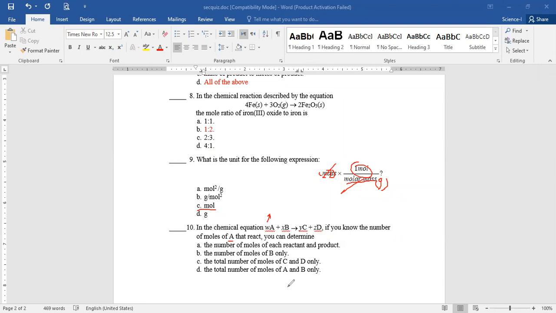What do you think, guys? A. The number of moles of each reactant and product. Yes, you can know the others. So letter A, good.